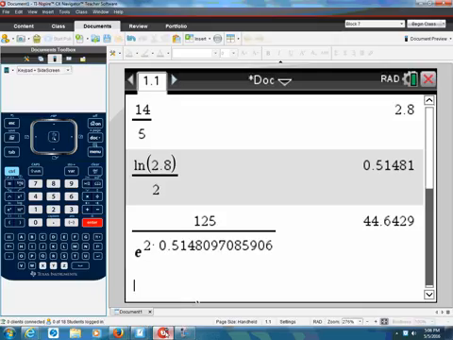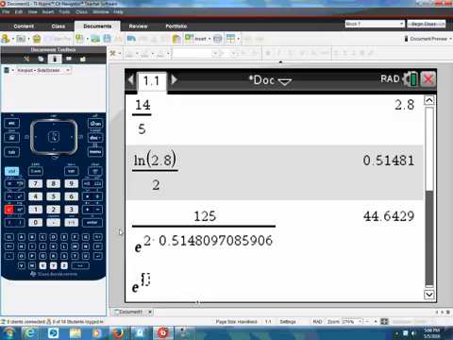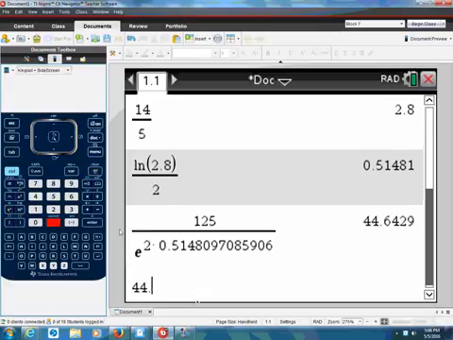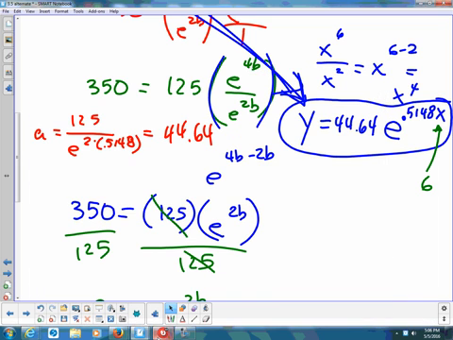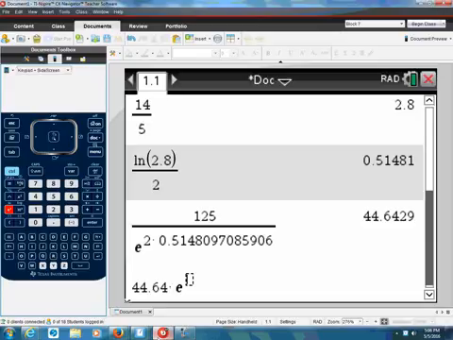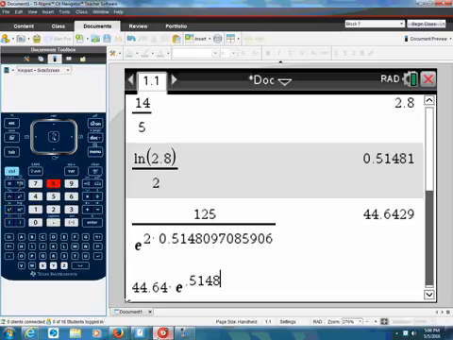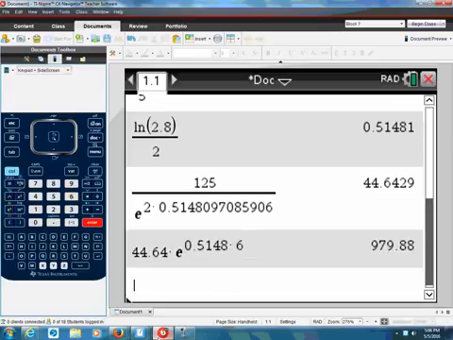All right, so I am going to enter that. 44.64 times e to the 0.5148 times 6.